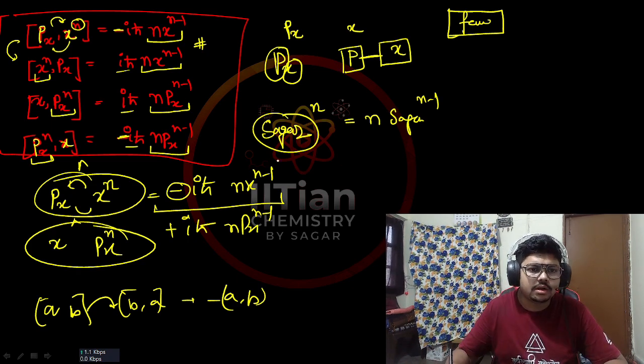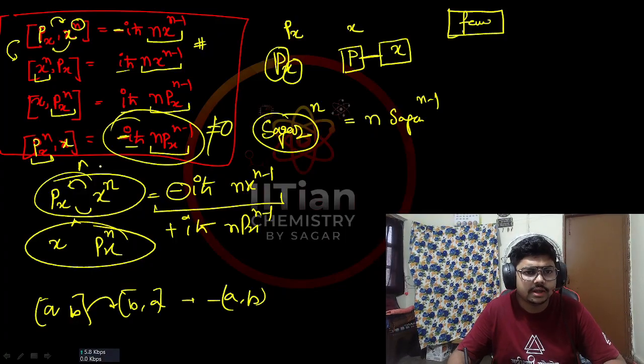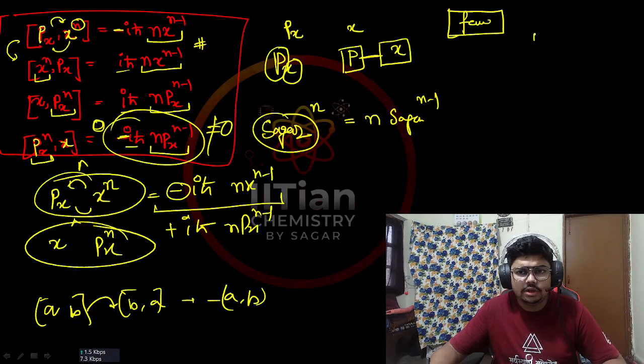One or two things I have practically told you: if this operator, suppose p_x to the power n with x, is not zero. If it would become zero, that means on some wave function, if you first operate x and then operate p_x, the result will be the same as if you operate p_x and then x.